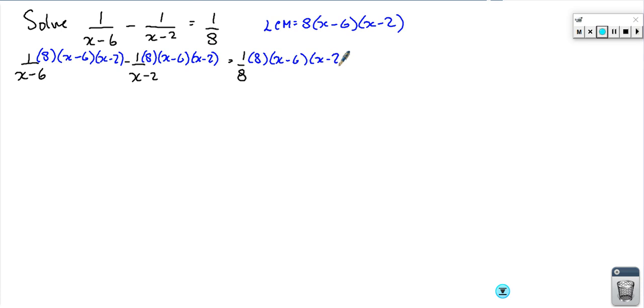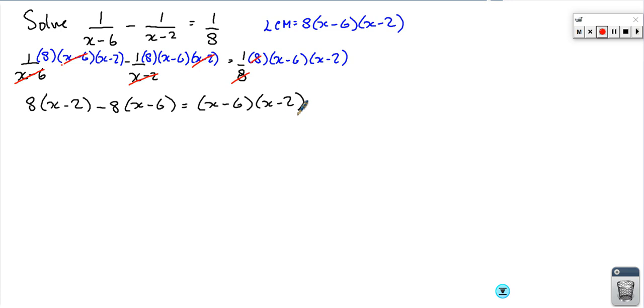Now what happens is the denominators cancel out: x - 2 cancels out, 8 cancels out, and I'm left with 8(x - 2) - 8(x - 6) = (x - 6)(x - 2). Okay, so I'm going to open up brackets. This time I didn't work it out immediately because we had a negative sign. We have to be extra careful.